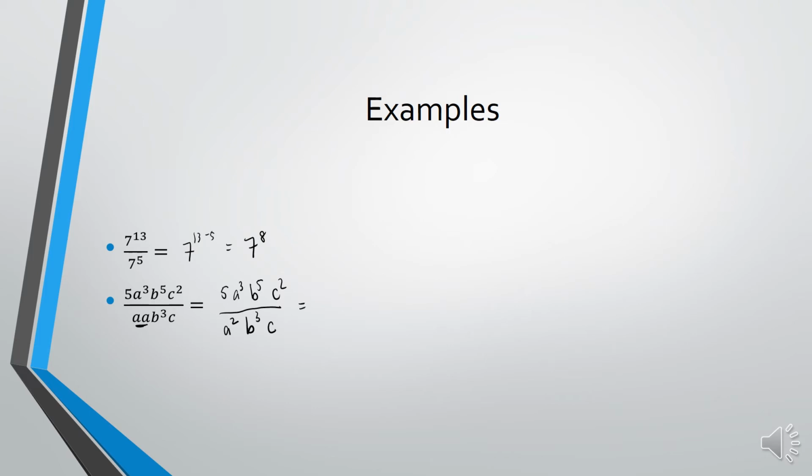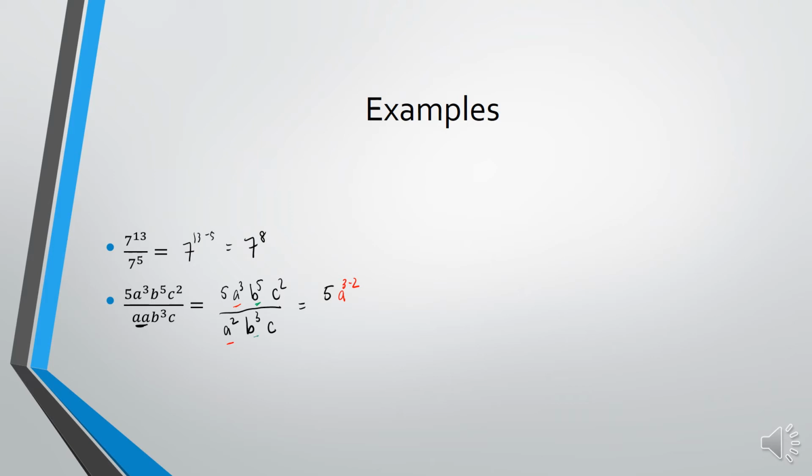And now we're going to do what we did on the last example on the previous rule. We're going to start looking variable by variable. So first thing, I don't have any just plain coefficients except for this 5. So that 5 is going to stay there. The next thing I'm going to look at, though, are my a's. So here's an a and here's an a. So I'll do a to the 3 minus 2. Next, I'm going to look at my b's.